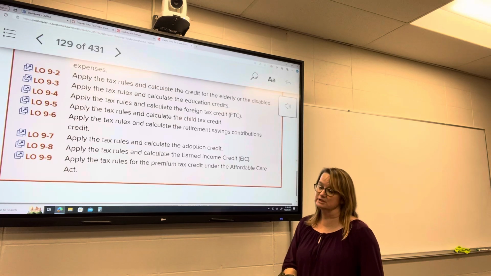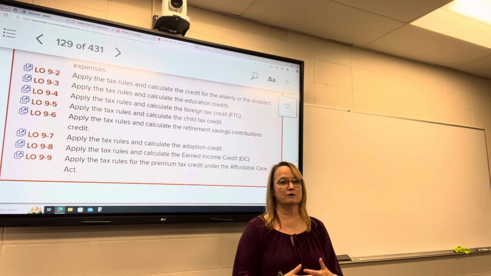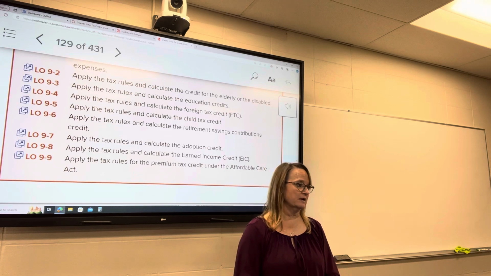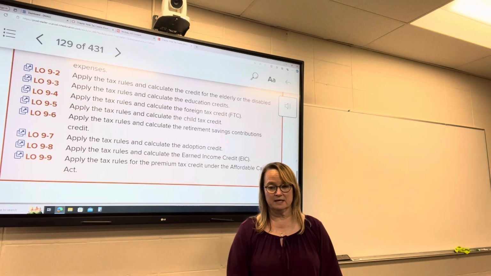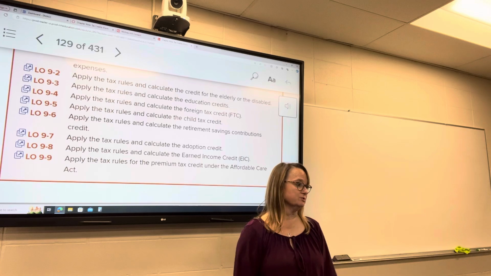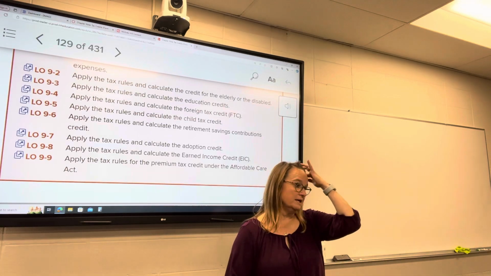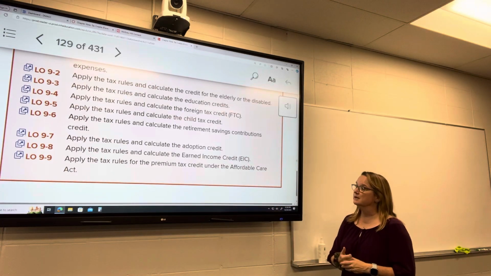But essentially, it's designed as sort of a refund of Social Security and Medicare taxes that are paid at that level. Because for a lot of low income people, they actually don't pay much in income tax because they don't make enough to pay an income tax, but they're always paying the Social Security and Medicare tax. So this is a credit that's designed to help mitigate the effects of that tax on very low income individuals.